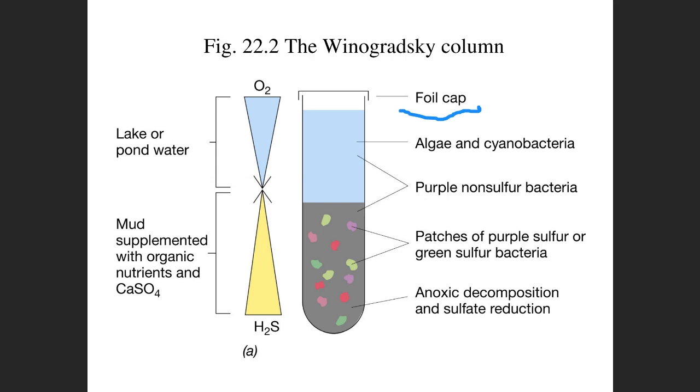Now, the water in the column is not circulating, right? Because the water in the river circulates, and the water churns, the oxygen is uniform. But here, the water sits there still. So the oxygen has high concentration at the top, low concentration at the bottom. And then you have hydrogen sulfide being produced at the bottom.